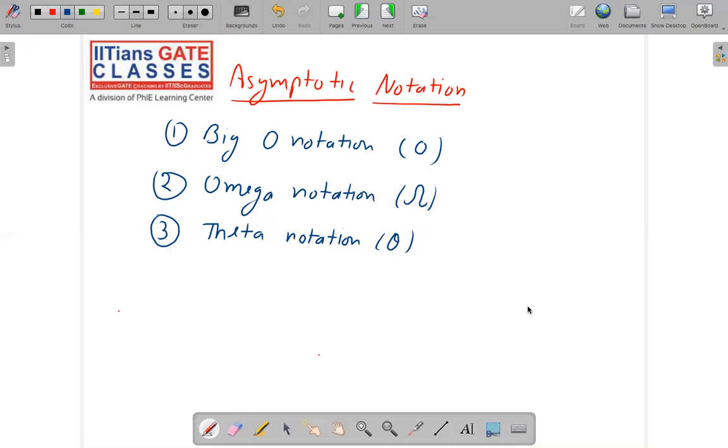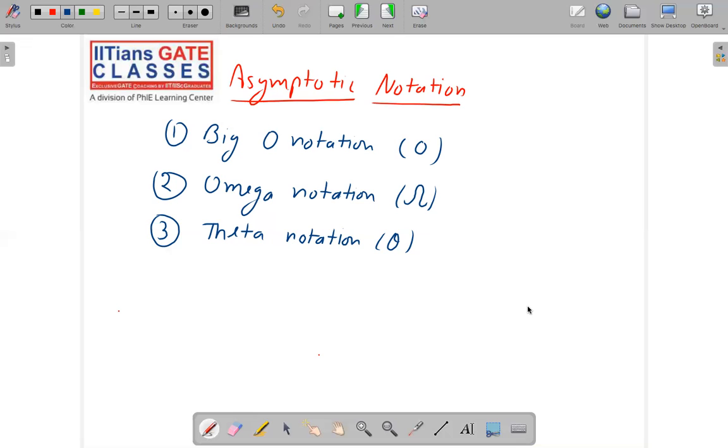Okay, so asymptotic notations are the notations used for calculating or identifying time complexity. Based on some mathematical function, we will be defining those notations, and these are quite easy. There are three types of asymptotic notation.